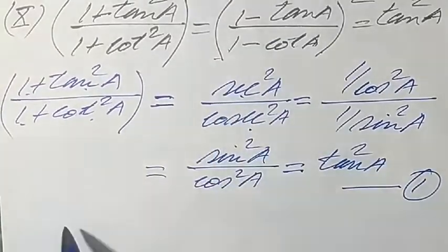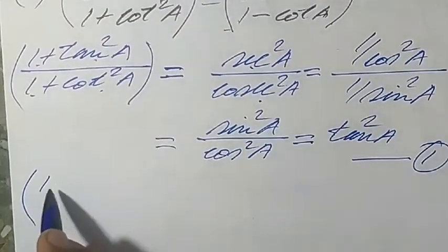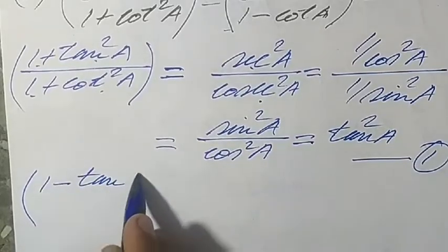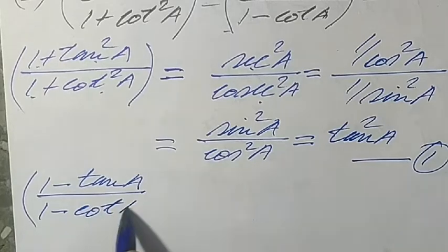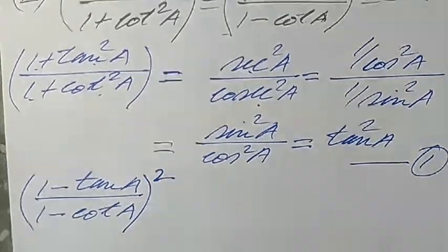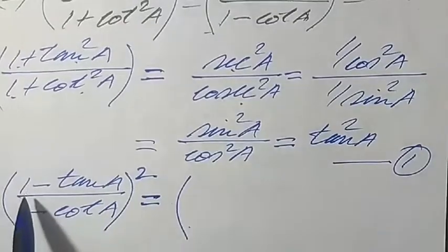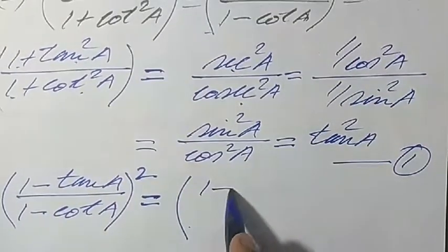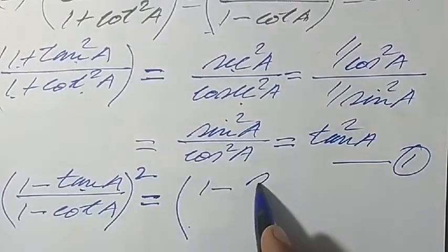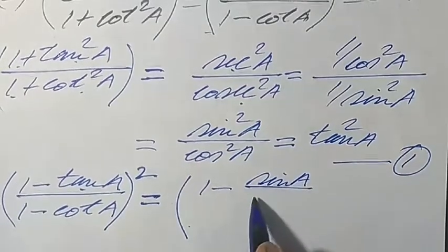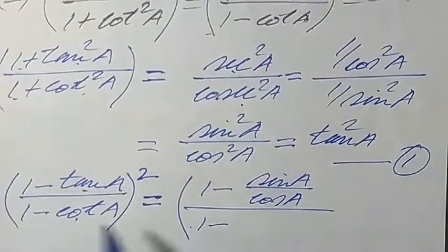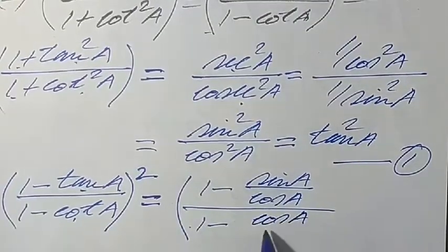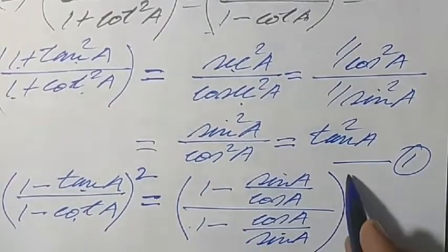Now take the second expression, that is bracket 1 minus tan A upon 1 minus cot A. In this expression, 1 minus tan A may be written as 1 minus sin A upon cos A, and in denominator 1 minus cot A may be written as 1 minus cos A upon sin A, whole square.